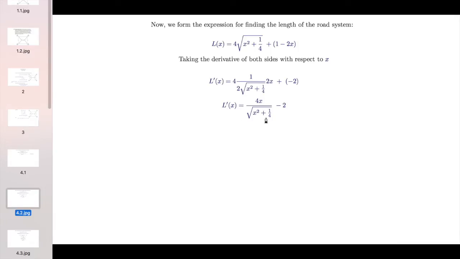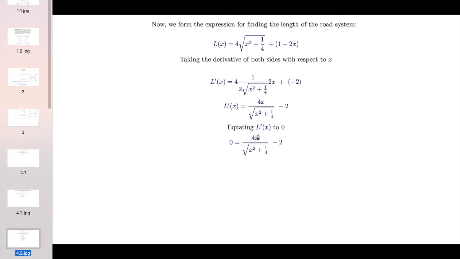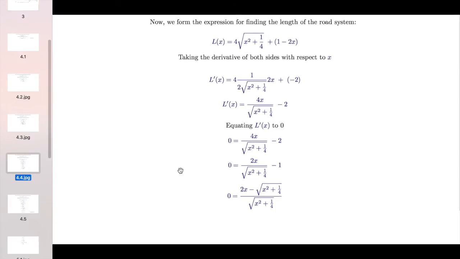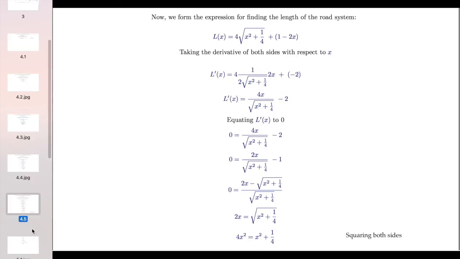And to find the extremum points, we're going to have to equate our derivative to 0, and that's what we do. Doing that, we can divide both sides by 2. And then we continue simplifying, and we see that because of the denominator, we can multiply both sides by root of x squared plus 1 upon 4.